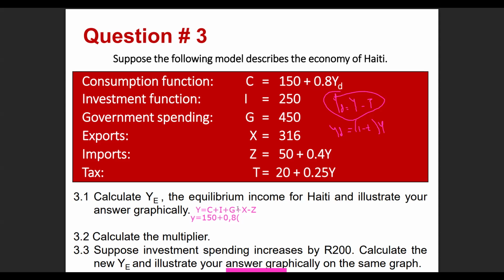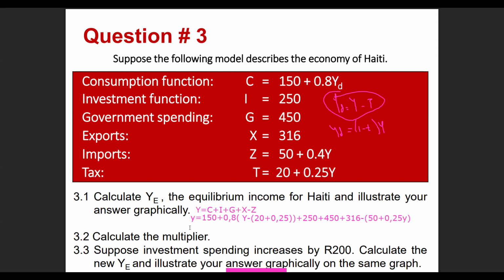So we're going to say you have 0.8 times Y for income minus taxation, which is 20 plus 0.25Y. Close the bracket, and then we're going to add 250 plus 450 plus 316 minus, open your brackets, 50 plus 0.25Y for import, close your bracket. Right, so this is what we have.